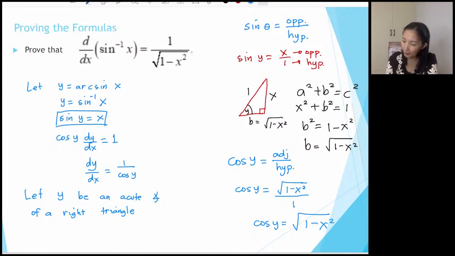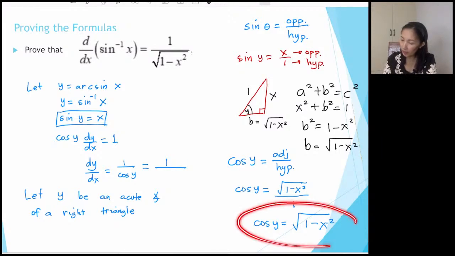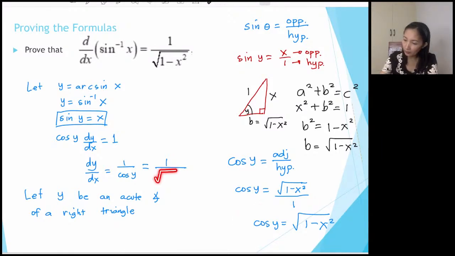So going back, now we can continue. Your dy over dx then is equal to 1 over cosine y. What is cosine y here? The square root of 1 minus x squared. May I use the red ink to distinguish it? So 1 over the square root of 1 minus x squared.